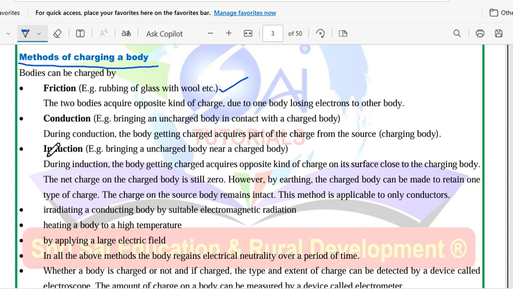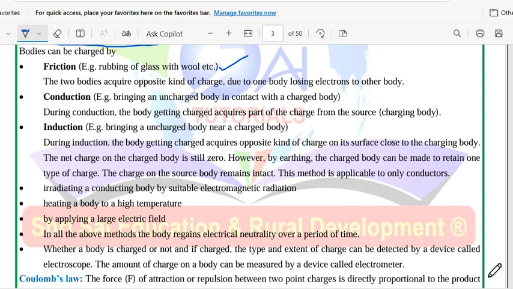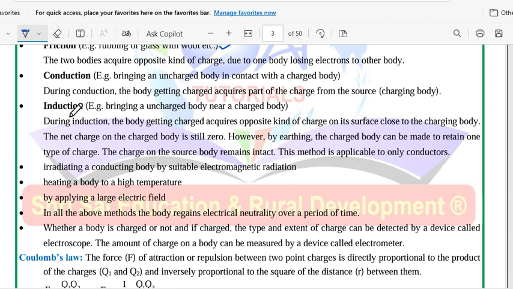Next is induction, without touching: bringing an uncharged body near a charged body. During induction, the body getting charged acquires the opposite kind of charge on its surface close to the charging body. I explained with one example. The net charge on the charged body is still zero.